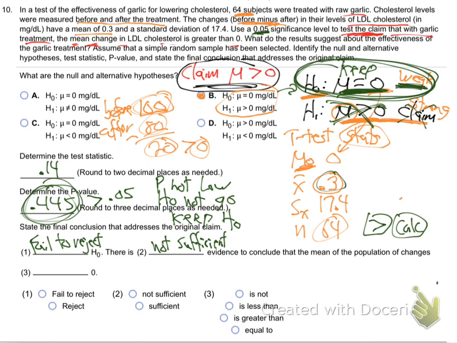There's weak evidence to conclude that the mean of the population change is greater than 0. There's not sufficient evidence to conclude that. We don't believe the garlic helped.